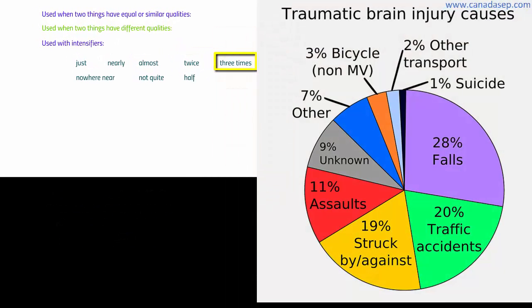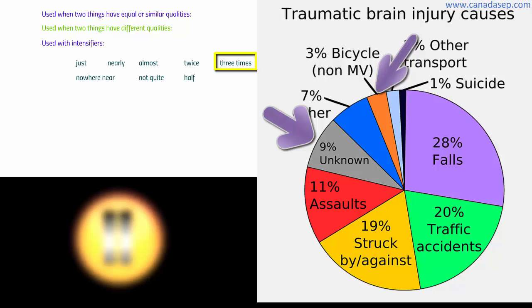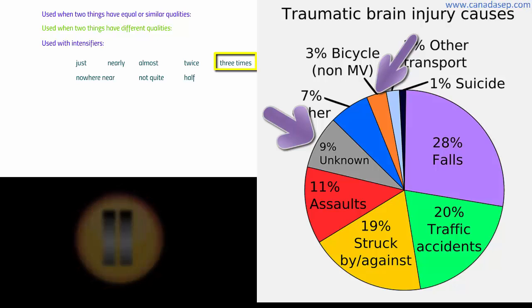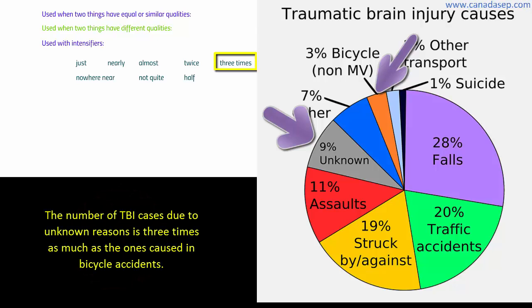Next, please compare TBI causes for unknown reasons and the ones caused by bicycles. The number of TBI cases due to unknown reasons is 3 times as much as the ones caused in bicycle accidents.